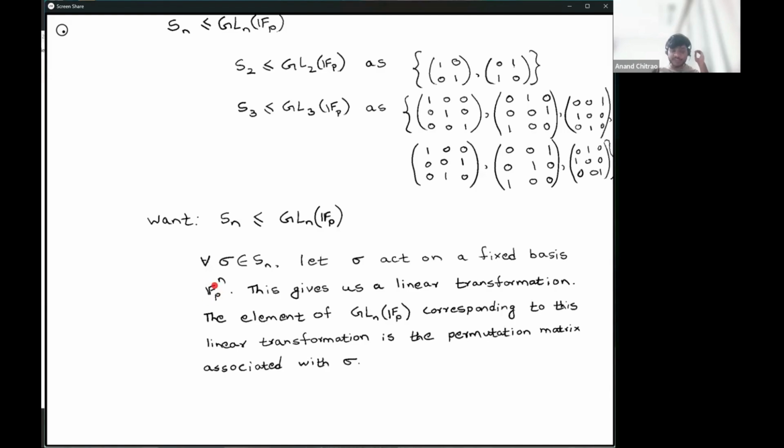A linear transformation is determined by what happens to basis vectors. So you fix a basis of Fp power n and let your permutations act on the basis elements. Those give you a bijection between two bases of the same thing, and then you consider the linear transformation associated to that bijection.